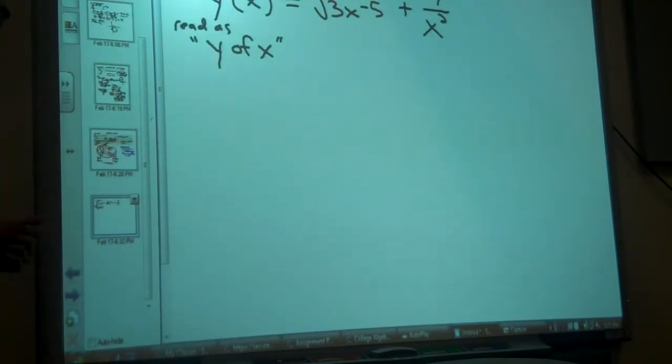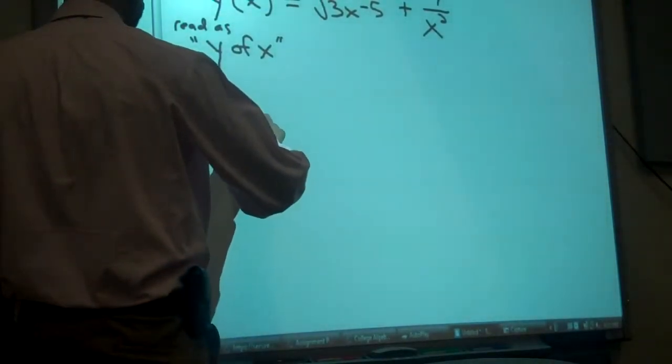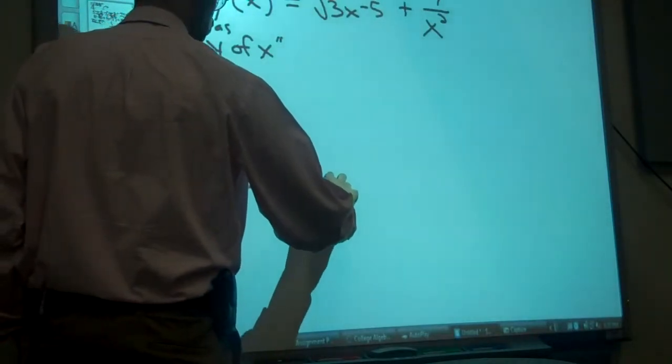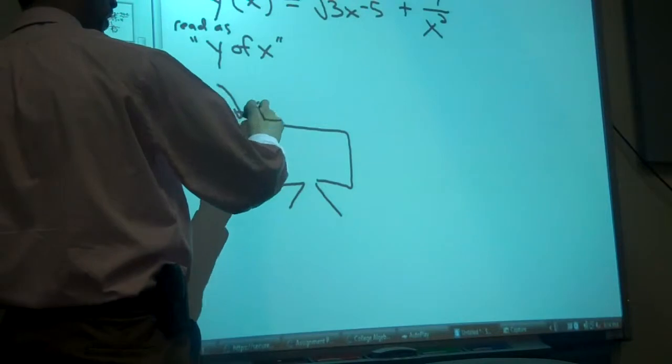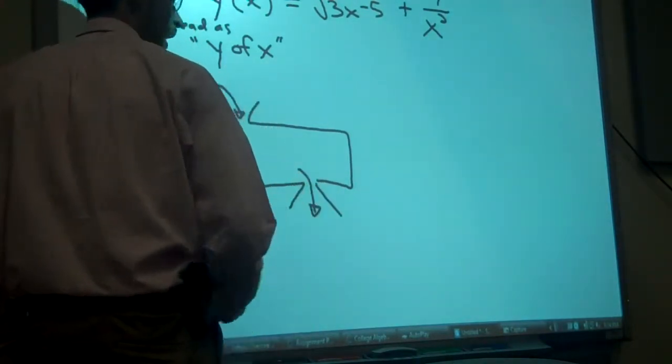We can use the arrow diagram. We can use a formula. We can use a machine to go along with this formula. We're going to put some inputs in, do something to them, and some output is going to come out.